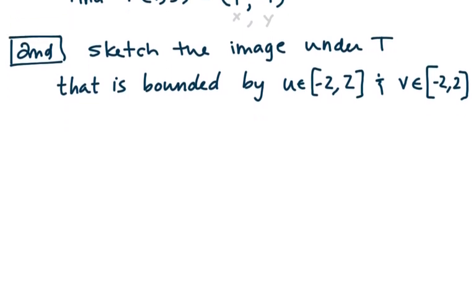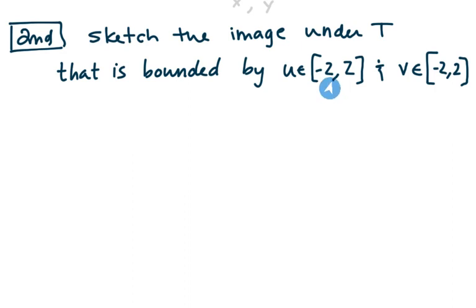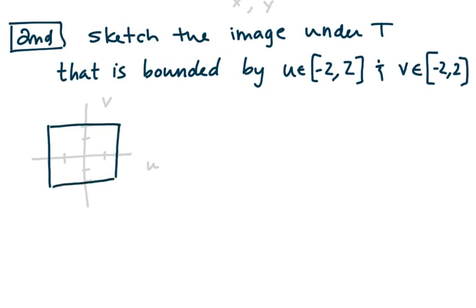My pre-image G is bounded by this domain and range, if you will. So what does that look like? That is 2 on the U-axis, 2 up and down on the V-axis, and this represents my G, my pre-image.